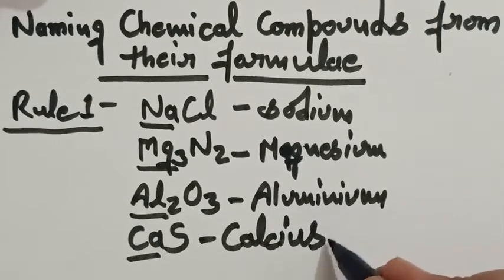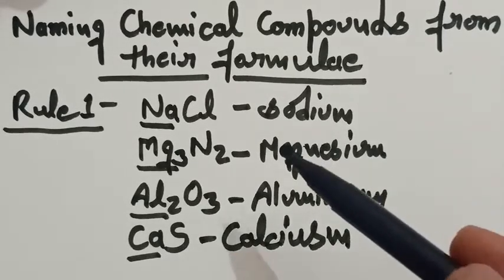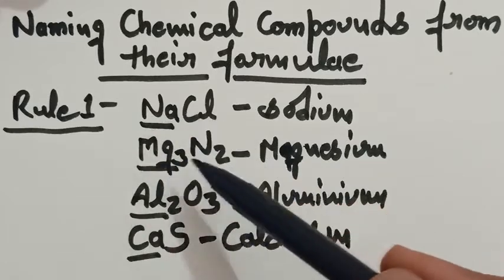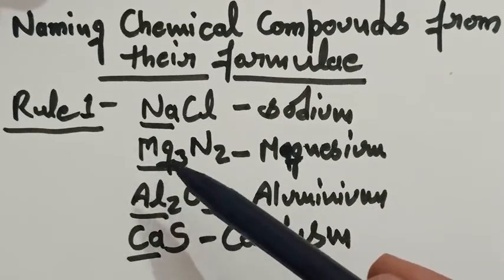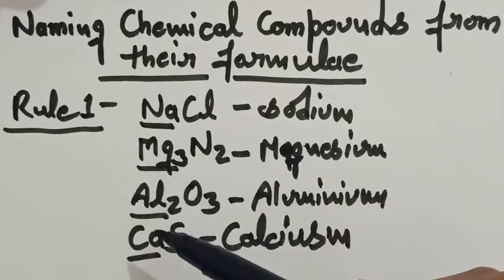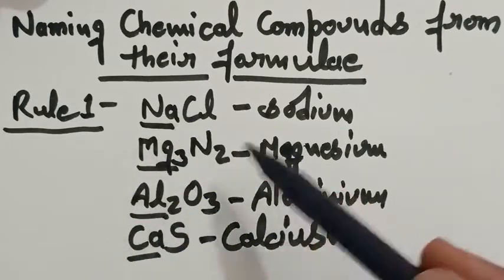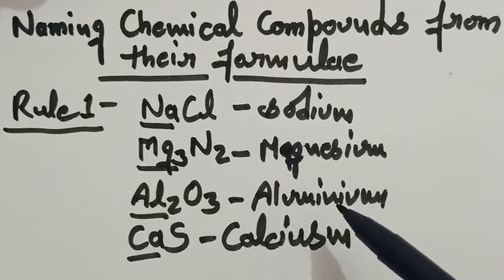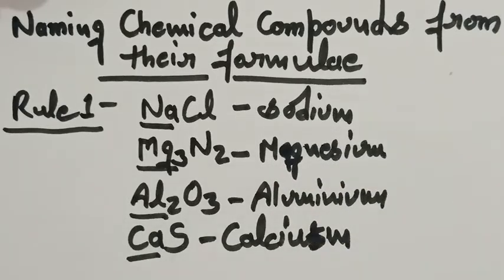So according to the first rule, if a compound contains only two elements, meaning a binary compound such that one of them is metal, the metal is named first as it is. That is why I have written sodium, magnesium, aluminium and calcium.